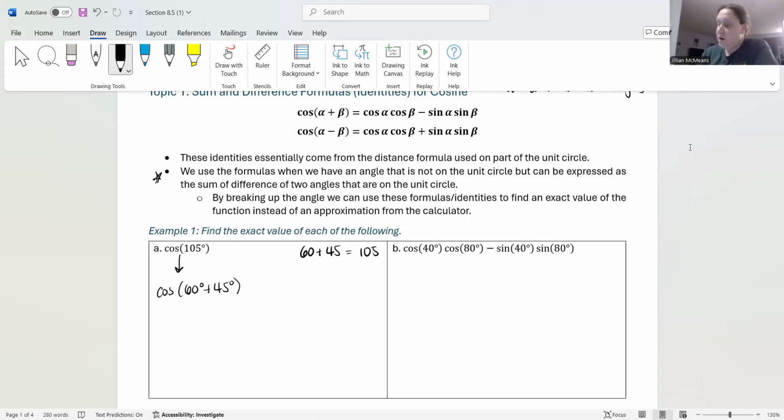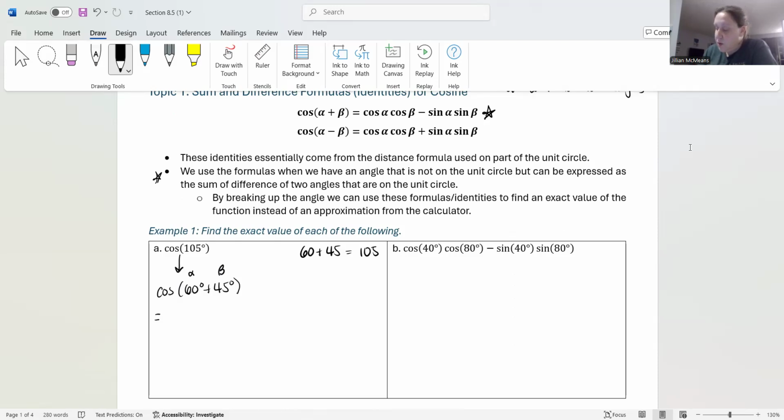So I want to go back and use the sum of angles formula, okay? Now it's not my favorite thing, but you do need to work really hard on committing these to memory, okay? So this is going to equal cosine of alpha. Let's say 60 degrees is alpha and 45 degrees is beta.